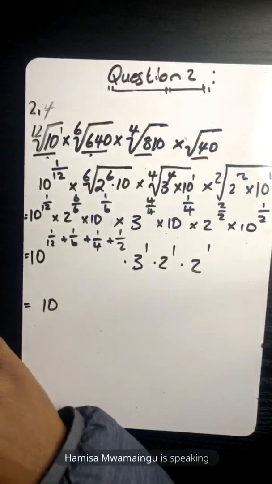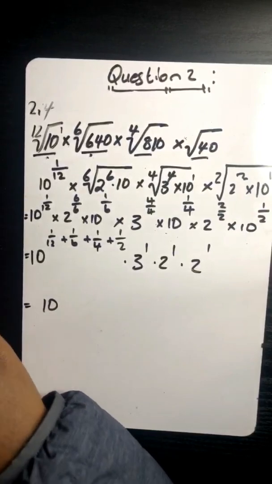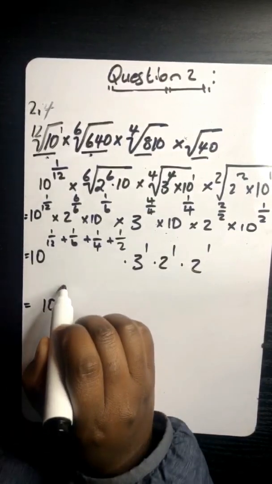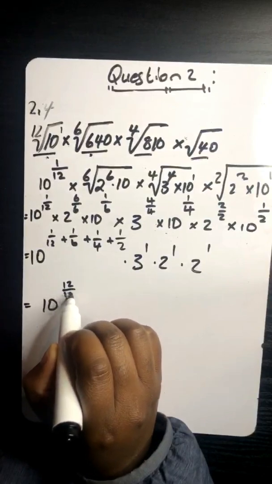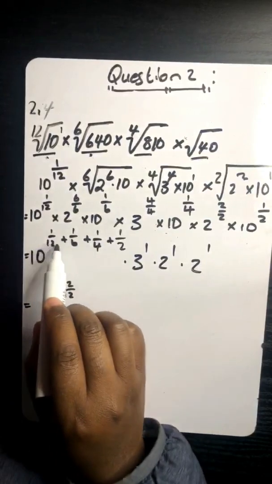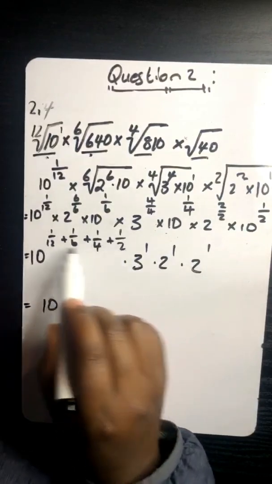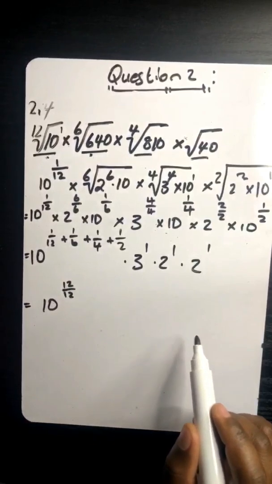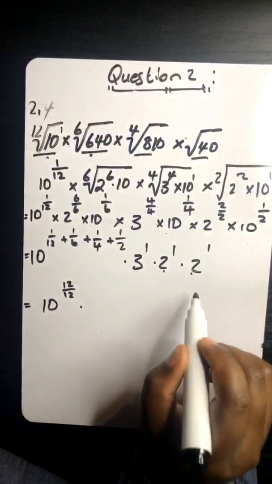Yeah, the answer is 1. That's what the calculator said. Yes, the answer is 1. And that 1 comes from you getting 12 at the top over 12. So that means you need to find the lowest common denominator there and try to work it out. So multiplying, what is this times that?